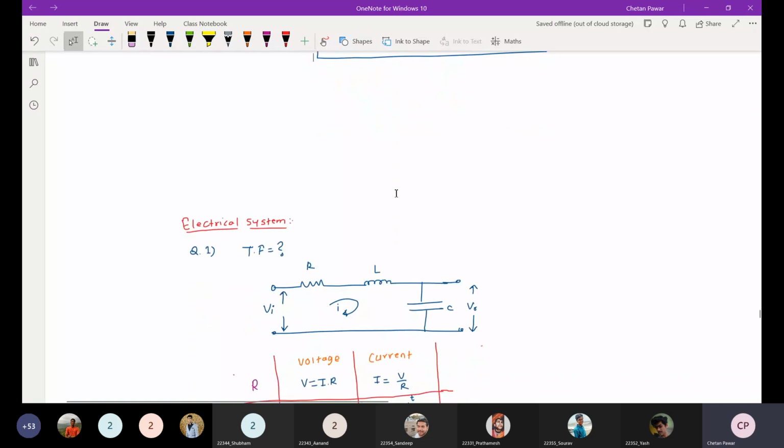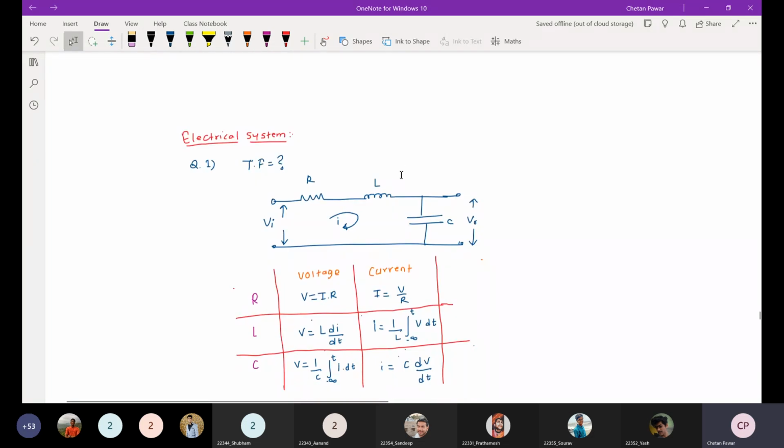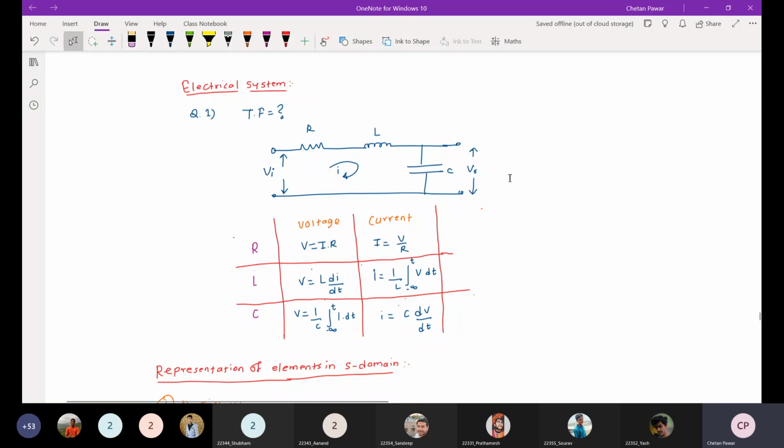So if you consider the electrical systems, and if you want to find out the transfer function of the electrical system, as you know, there are three main components in the electrical system: R, L, and C. Any circuit is made up of these three elements. So if we see the voltage and current relationships for these components, for the resistor, you know the voltage and current relation already.